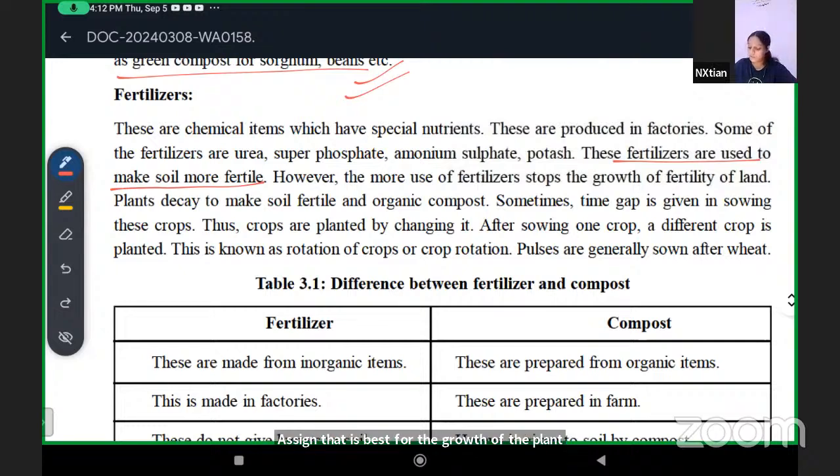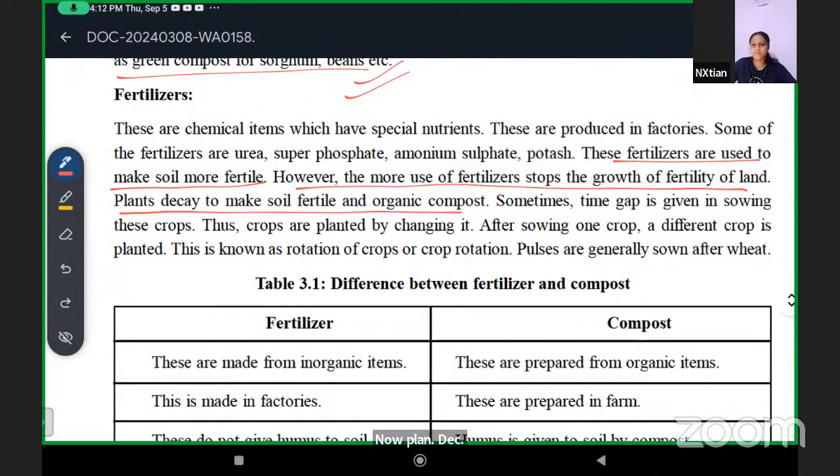However, the more use of fertilizers stops the growth and fertility of plants. Fertilizers should not be used too much, because they contain chemical items. That is why if too much of it is used, it can be bad for the soil and bad for the crops.